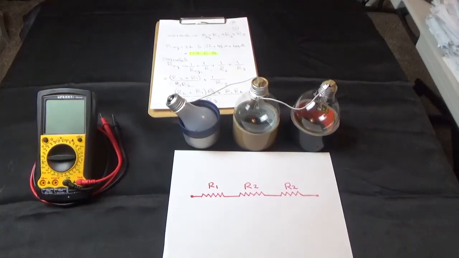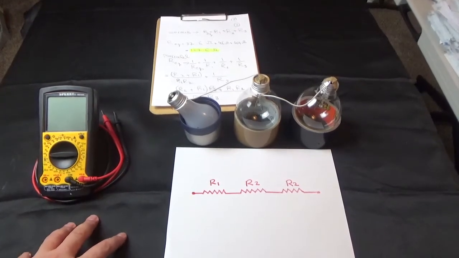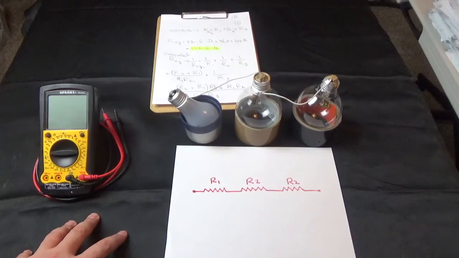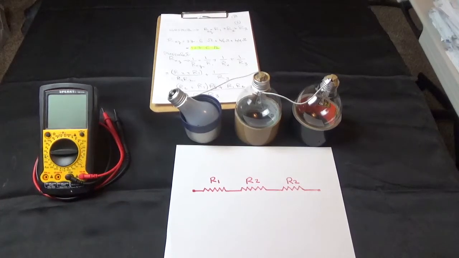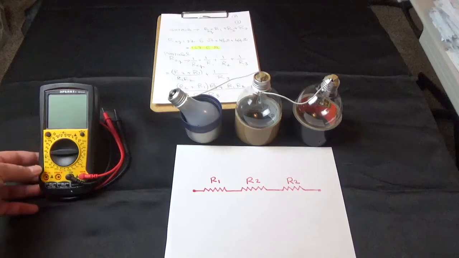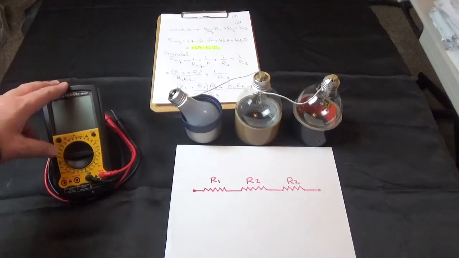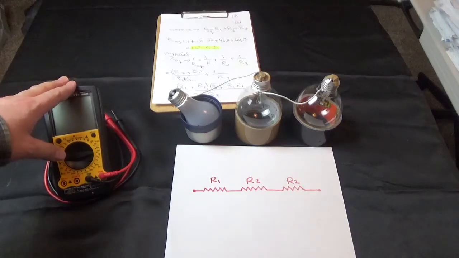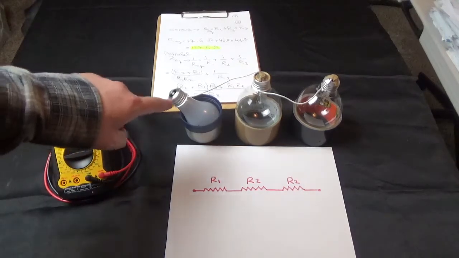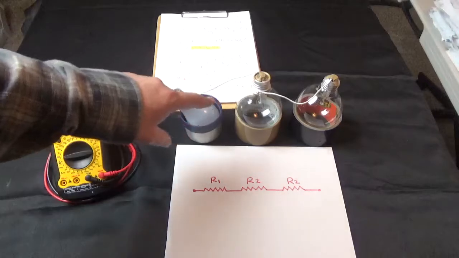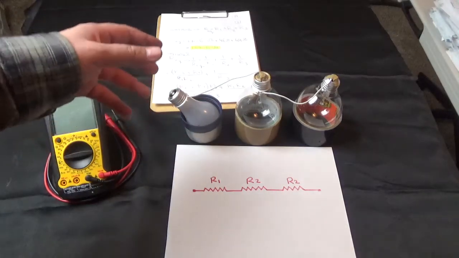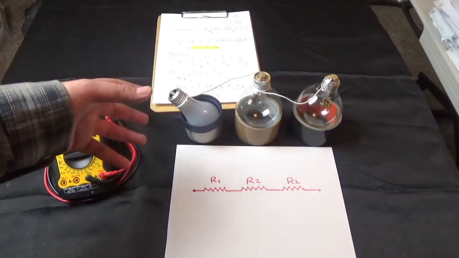Hi everybody, this is step number 2 from today's experiment. So what do we have here in front of us? We have the multimeter that we will use to measure the resistance, the equivalent resistance, and we have those bulbs. So these bulbs will be considered as resistors, as I mentioned.